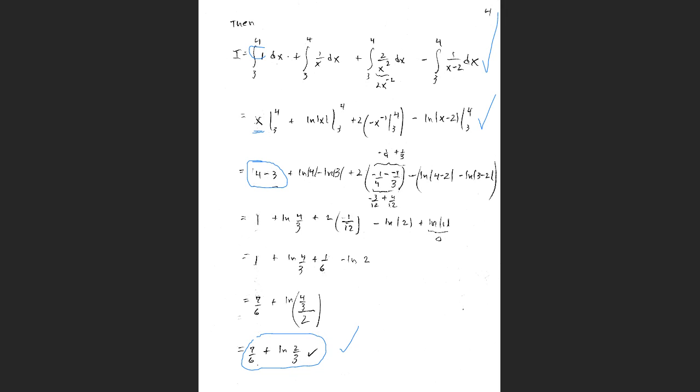And so I put in a 4 for x. And then I'm going to subtract. And then I put in the lower limit 3 for x. Because the antiderivative is just x. Is that okay? Okay, good, good. Very good, Sandia.